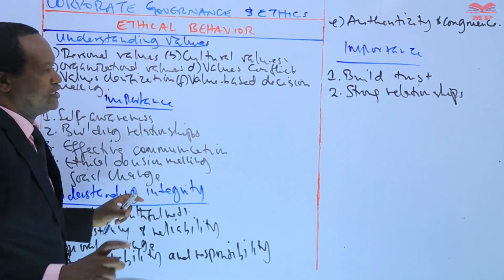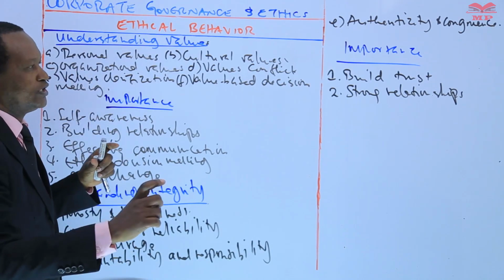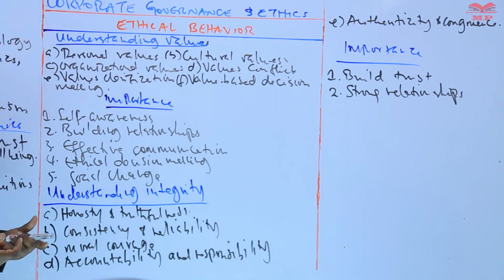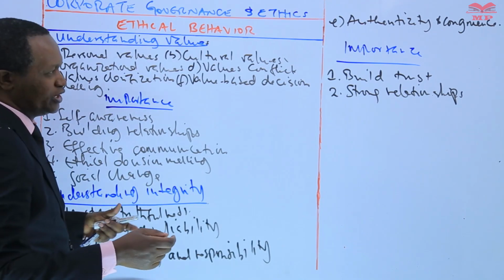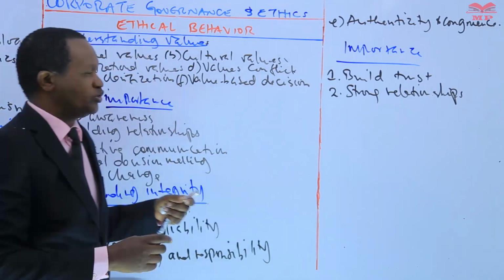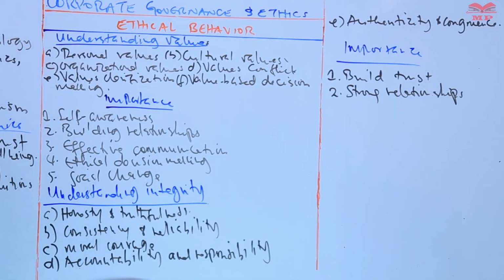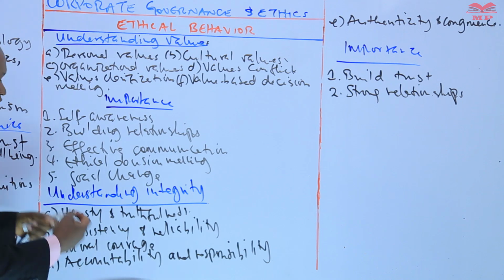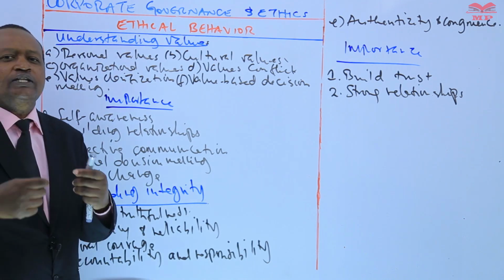If you have those characteristics, then it's very easy to build strong relationships with others. Even those who may not have these qualities will be attracted to you because you are reliable, you are consistent, you are courageous. Strong relationships.